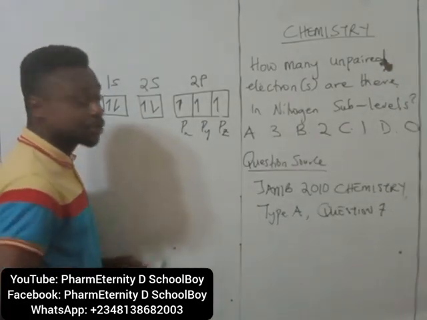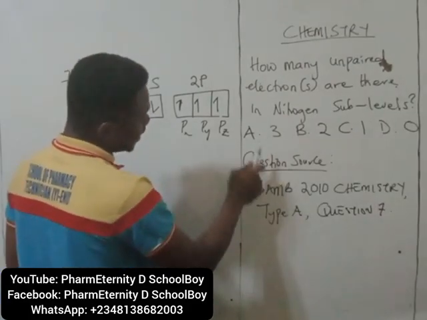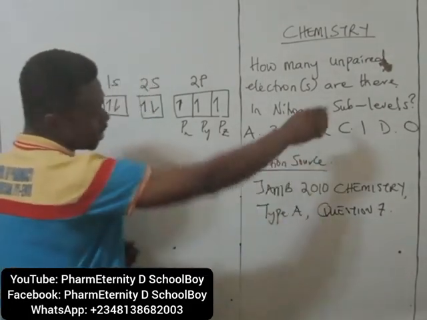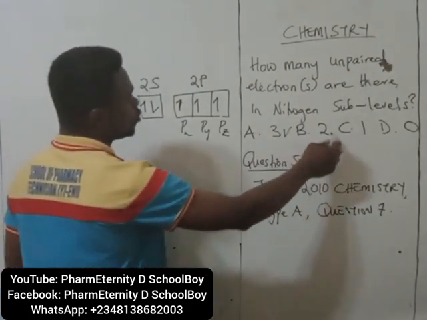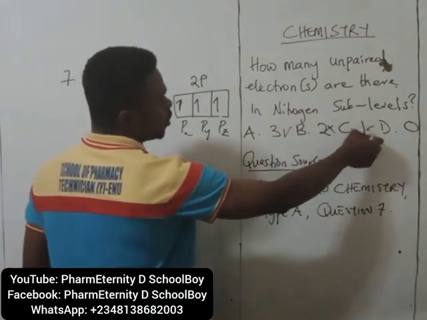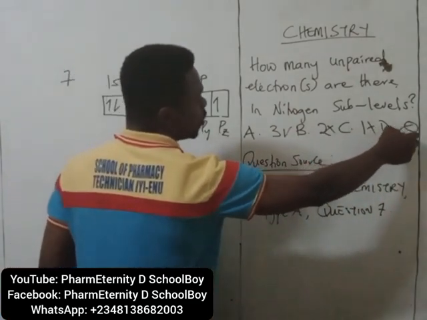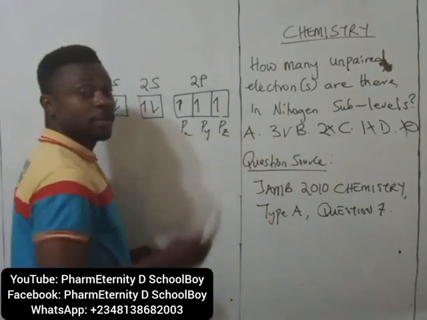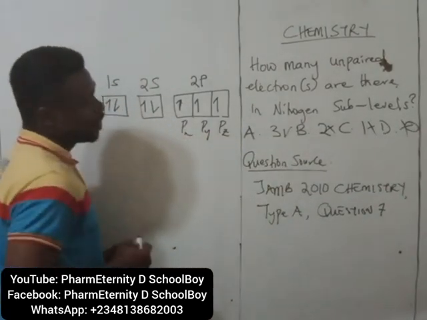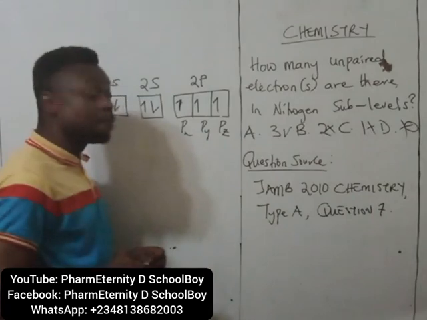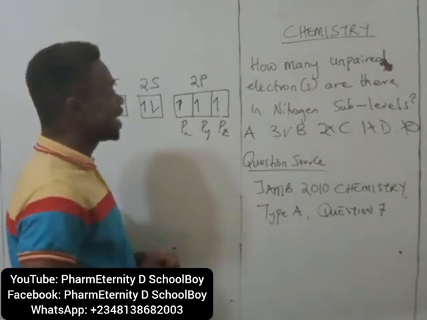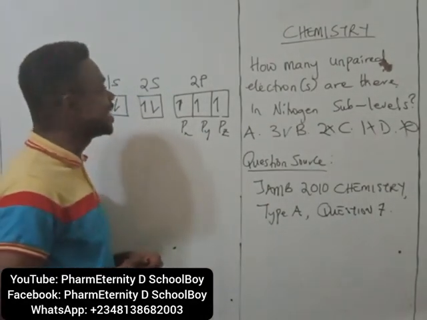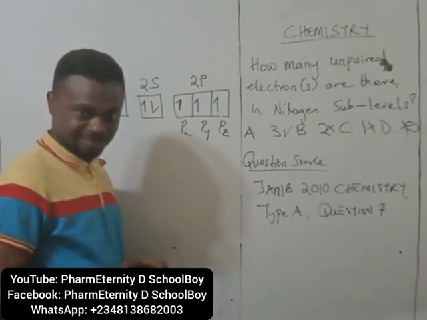So let's look at the options. Option A says 3. I will tick 3. Let's look at the other options. This one says 2, no. C says 1, no. This says 0, no. So the most appropriate option here is 3. There are 3 unpaired electrons in nitrogen sublevels.